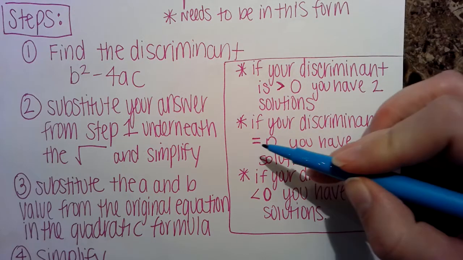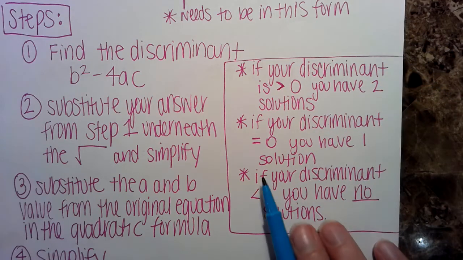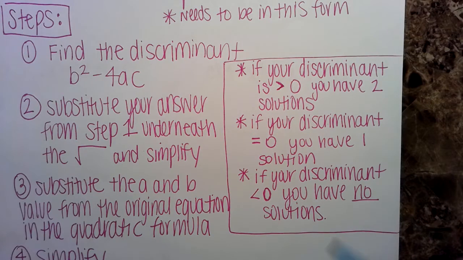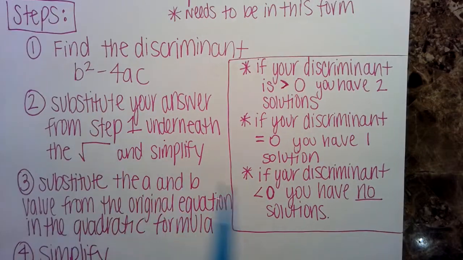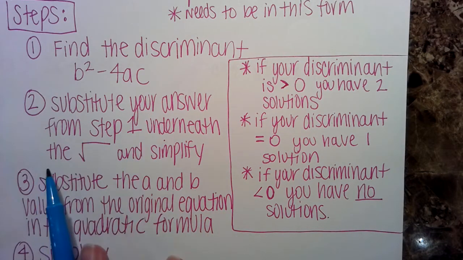If your discriminant equals 0, you're going to only have one solution. And if your discriminant is less than 0, so any negative value, you're going to have no solution. So if you find out that your discriminant has a negative underneath the square root, you can automatically write there's no solutions there.